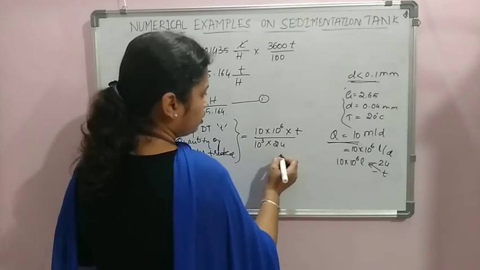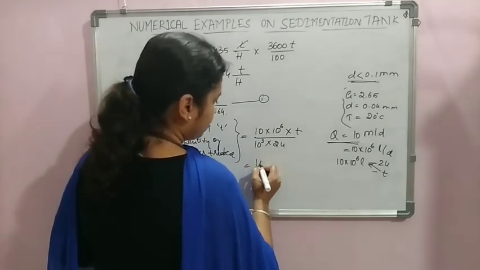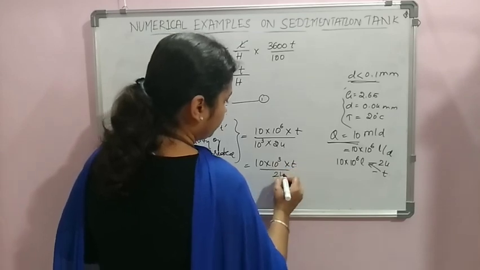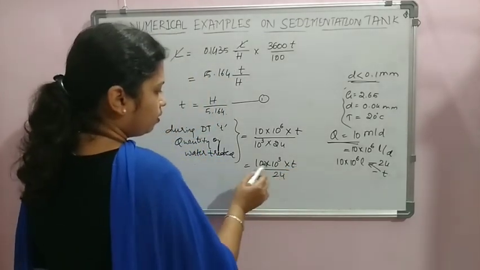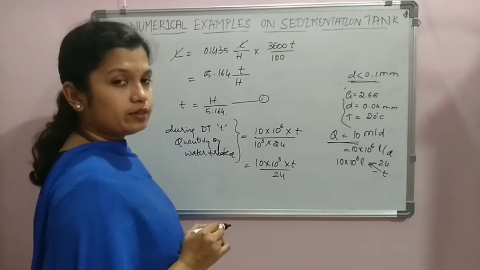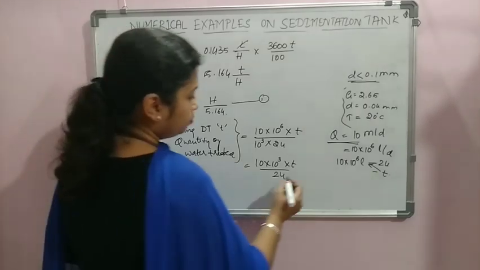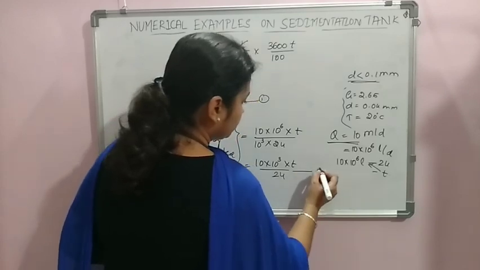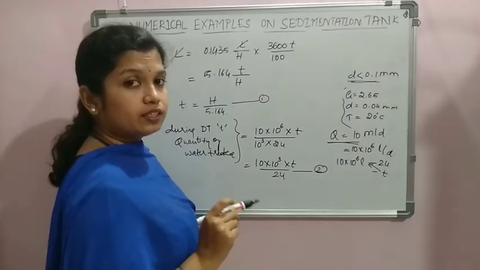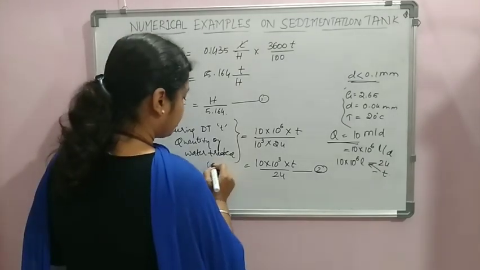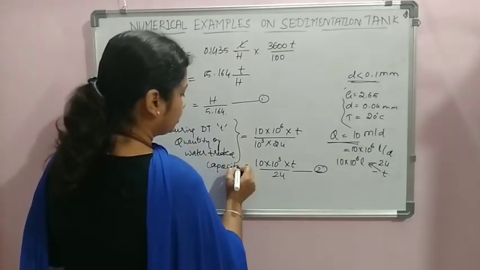So finally we can write it as 10 into 10 raised to 3 into T divided by 24. This is the amount of water that is being treated during the detention period, which we consider as the capacity for which we need to design the tank.